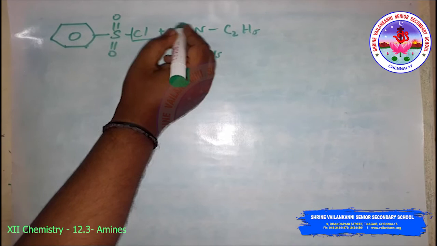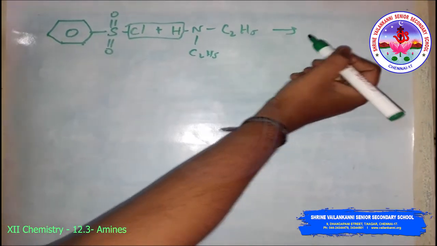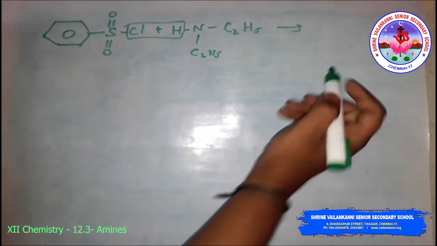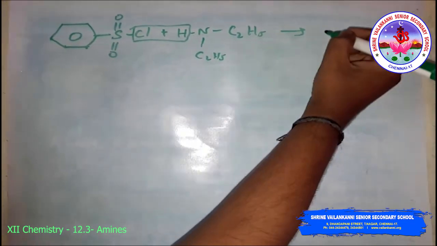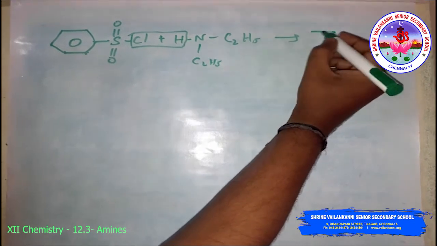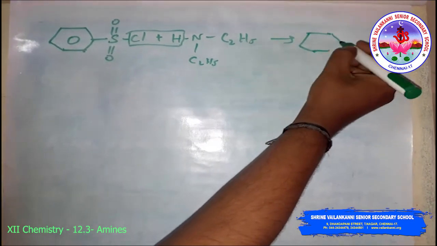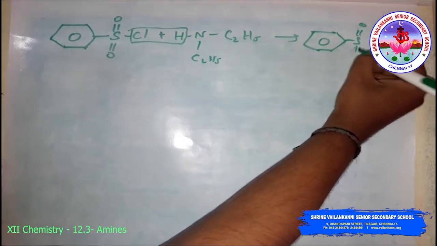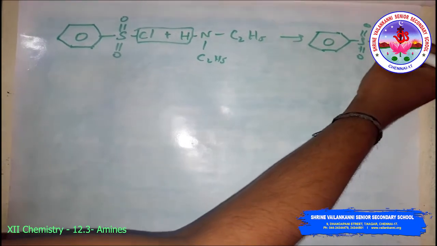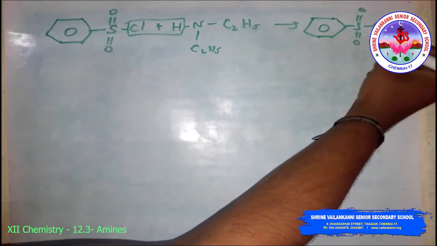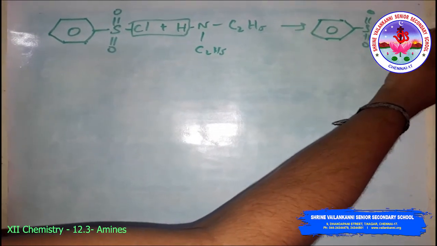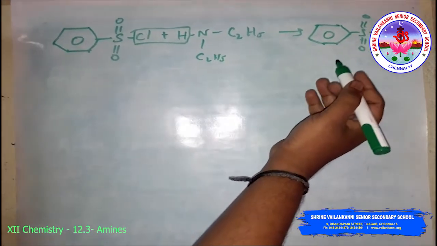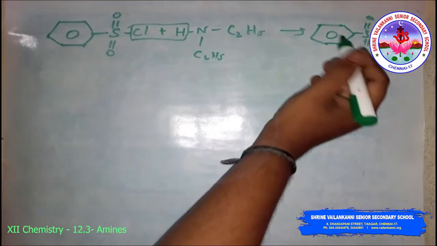With removal of HCl, a tertiary amide is obtained, that is a tertiary compound, like S double bond O, N, C2H5 and C2H5. This name is N,N-diethyl benzene sulfonamide.